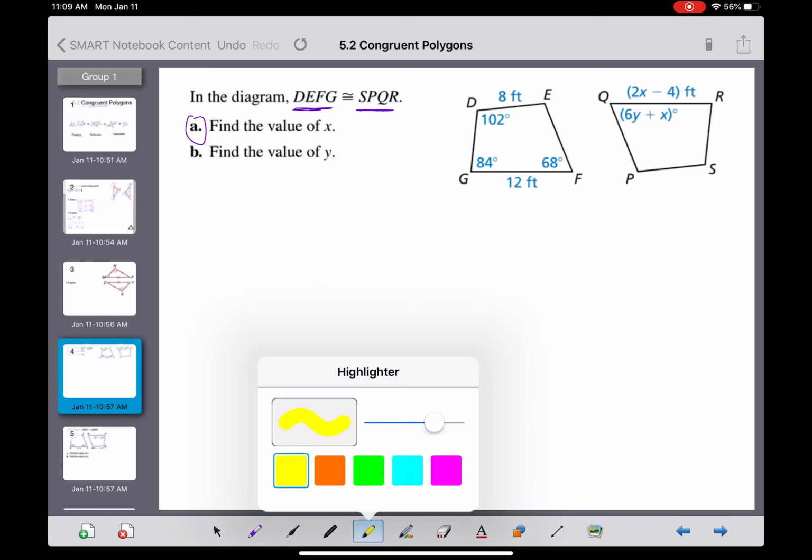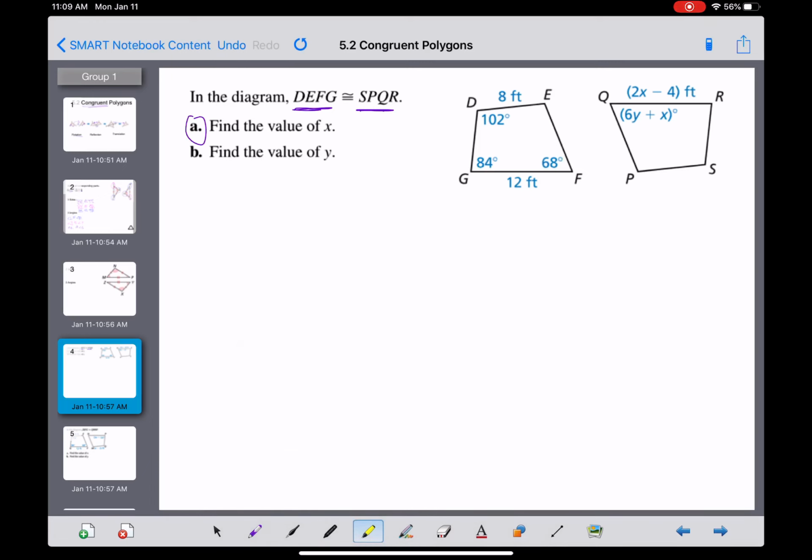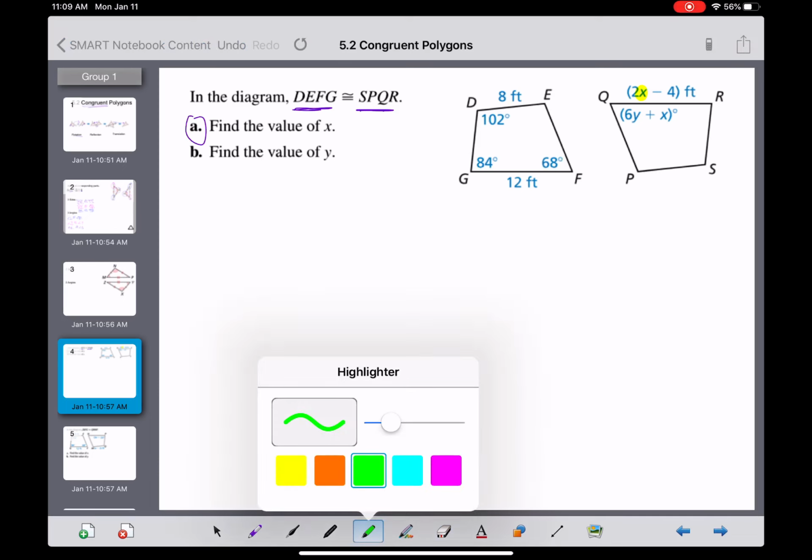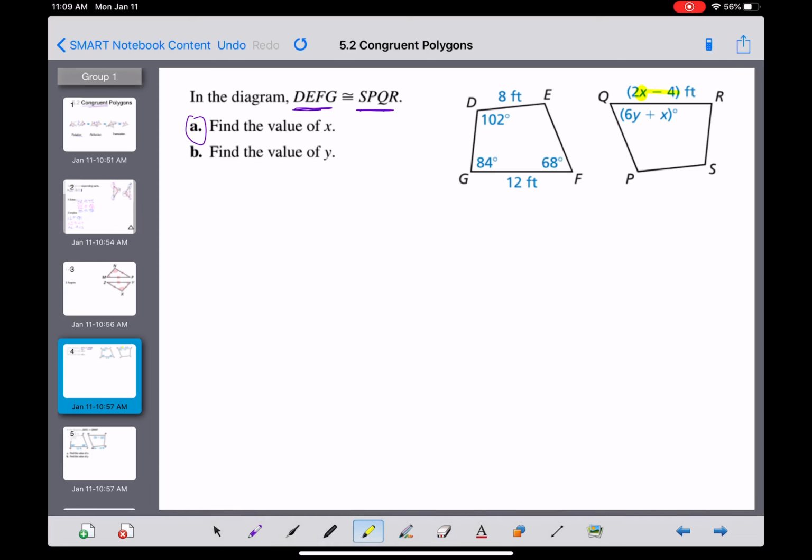If I look to my figures, I actually have two x's, one that represents a length, one that represents an angle. Now, the issue with the angle expression is that I have both an x and a y in there. So you can't solve when you have two different variables. So I want to start off by solving my length statement, 2x minus 4. That goes along with length QR.